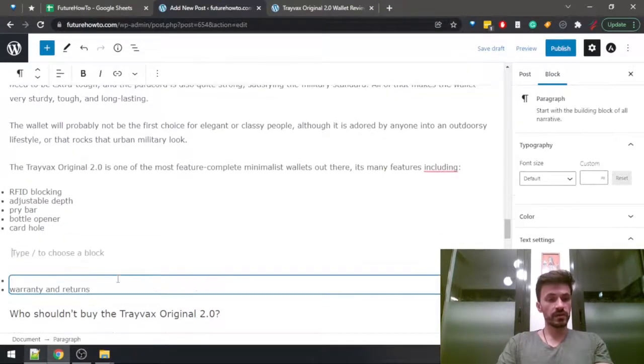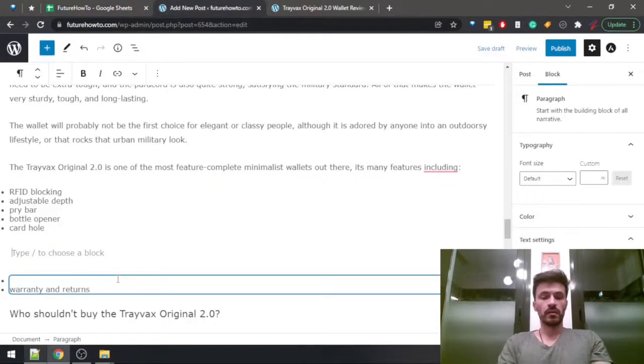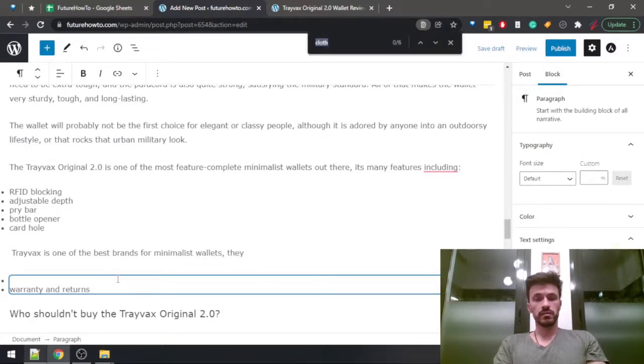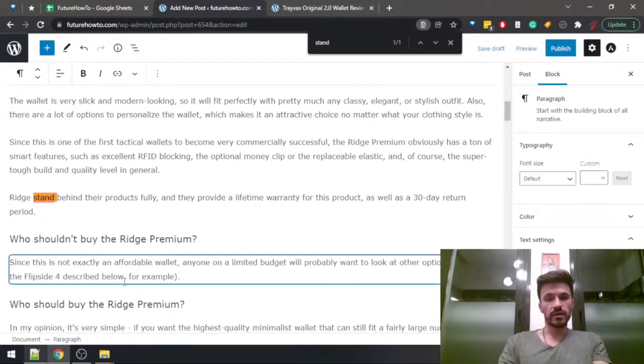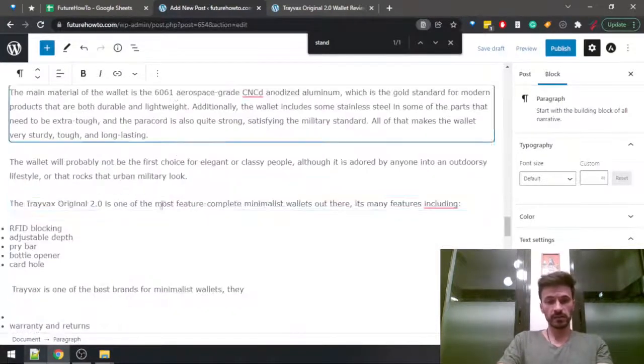And the last part, the warranty. TraveX is one of the best brands for minimalist wallets. They will use this phrase, stand behind. Yeah, I like this phrase. I usually use it, but I'm careful not to overuse it.